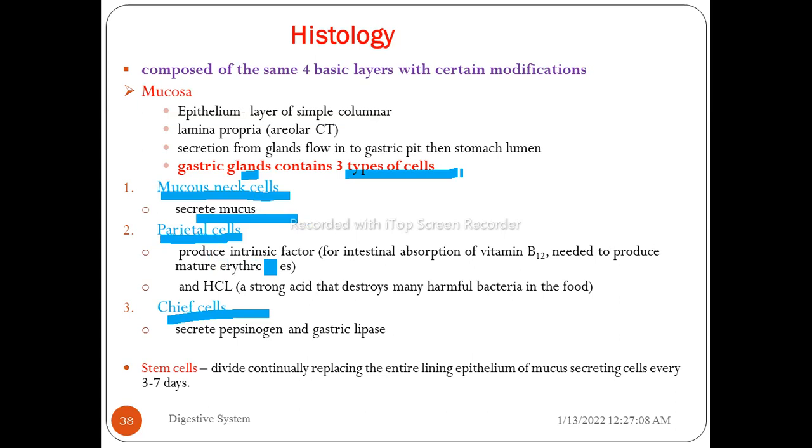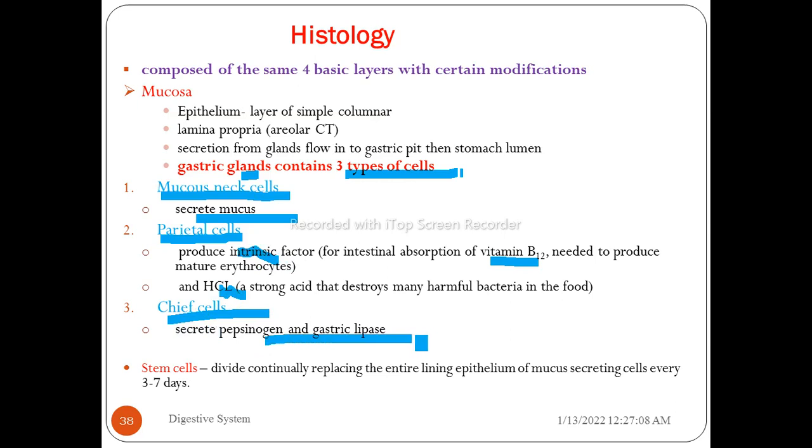Parietal cells produce intrinsic factor, which is needed for vitamin B12, and hydrochloric acid. By the way, intrinsic factor and hydrochloric acid are secreted by the parietal cells of the stomach, whereas chief cells secrete pepsinogen and gastric lipase.